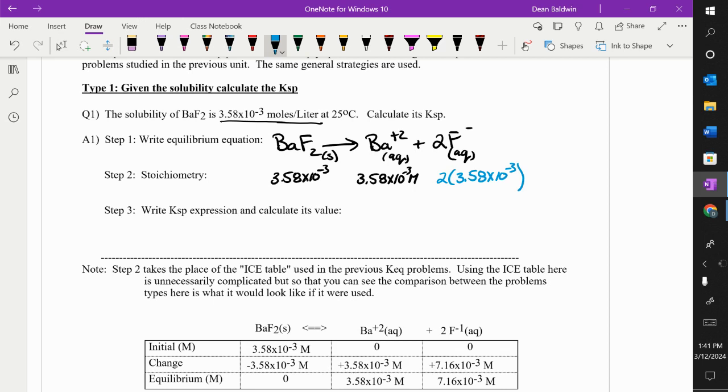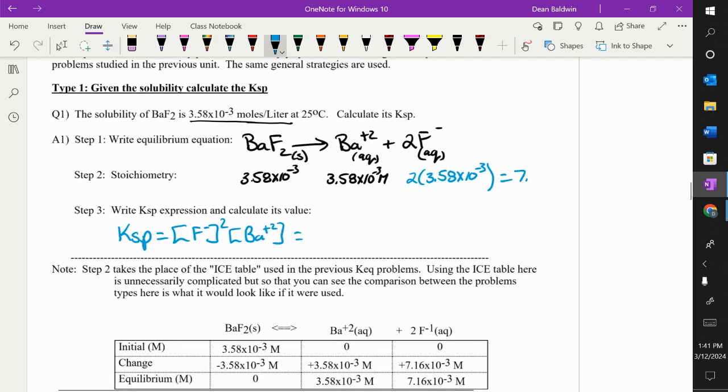So then if they're asking for the KSP, it's the concentration of fluorine squared times the concentration of barium. What is this? I don't even know. 7.16 times.